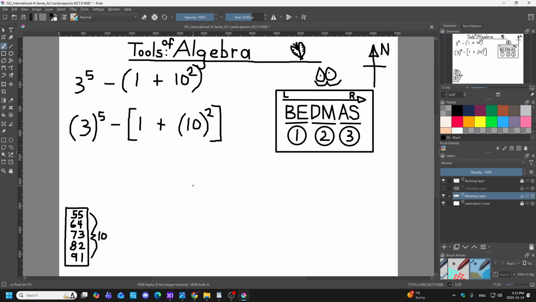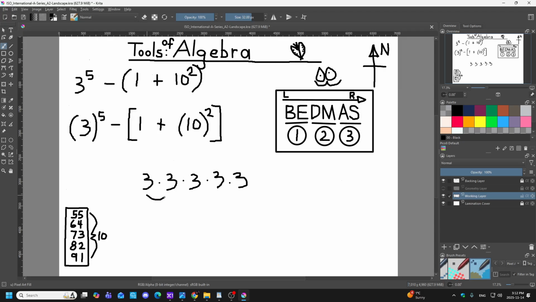Okay. What does 3 to the 5th power mean? Woo, that's a big one, huh? It means 3 times 3 times 3 times 3, and lastly times 3. 1, 2, 3, 4, 5.